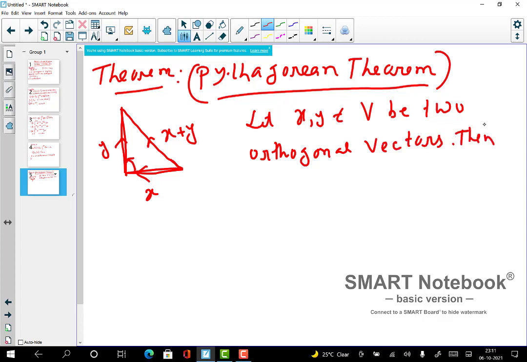Then what happens? Then we have the norm of x square plus the norm of y square equal to the norm of x plus y whole square, right? This is the Pythagorean theorem. So this vector is x plus y, and the length will be the norm of x plus y.